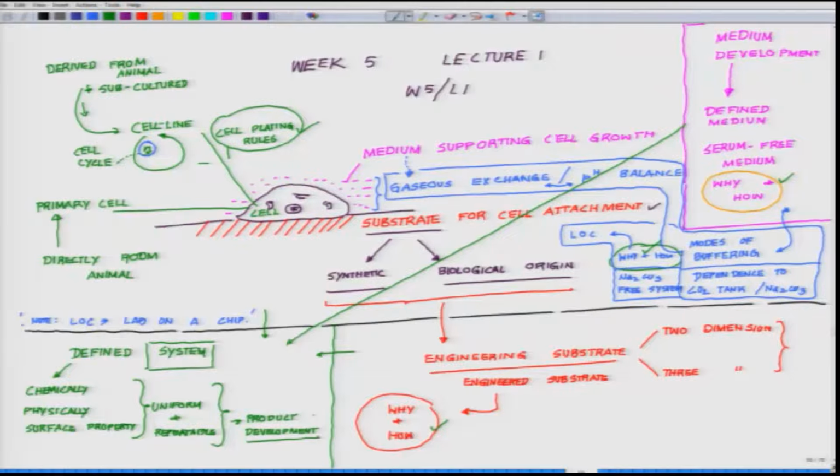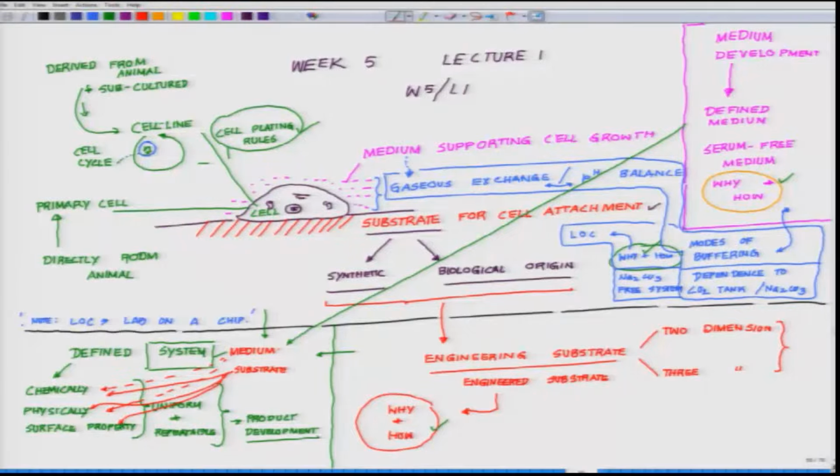Okay. Whenever we talk about such a defined system, we talk about medium. It should be very well defined, in terms of chemical and physical properties. Then we have substrate. Again the same way, chemically, physically, and surface properties.